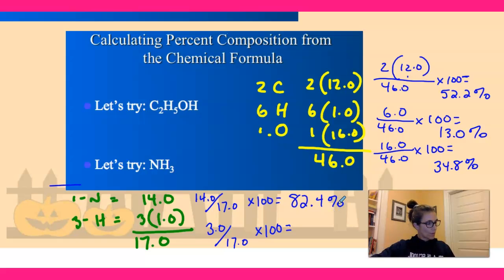And then 3 divided by 17 times 100, I get 17.6%. So this is ammonia, NH3, and it is 82.4% nitrogen and 17.6% hydrogen.